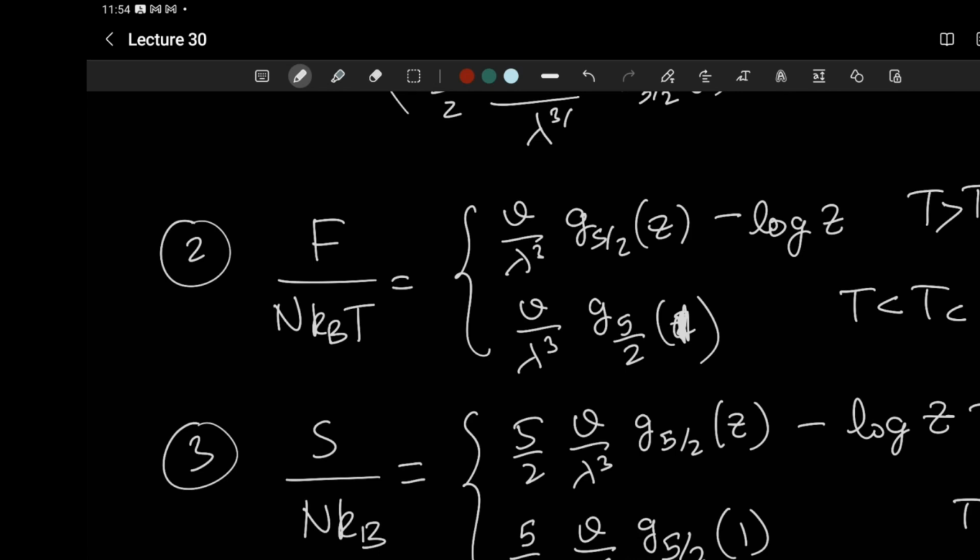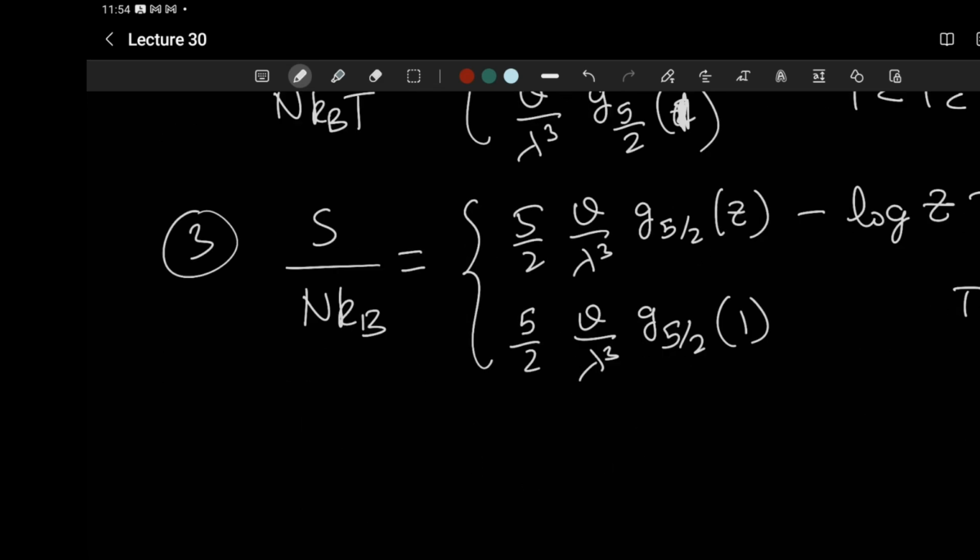And what happens at 1 for G 5 by 2 of 1? Is it finite or infinite? It's finite. Okay, Gn of Z is finite for n greater than 1.